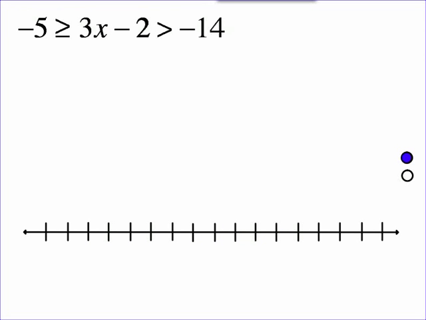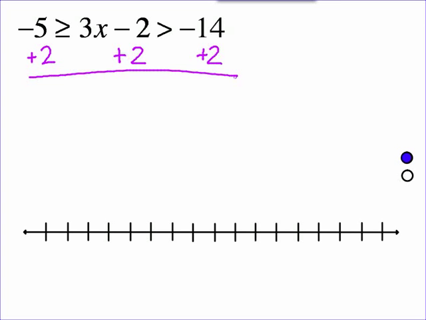-5 is greater than or equal to 3x minus 2, which is greater than -14. This is written in a little different way because all of the inequality signs are turned the other direction. What's the very first thing you're going to do? Add 2. Good. I'm going to add 2 here, here, and here.